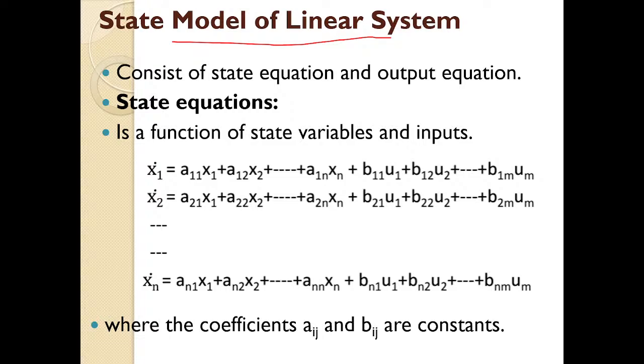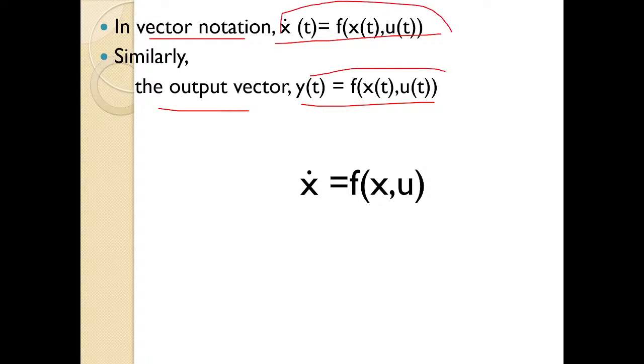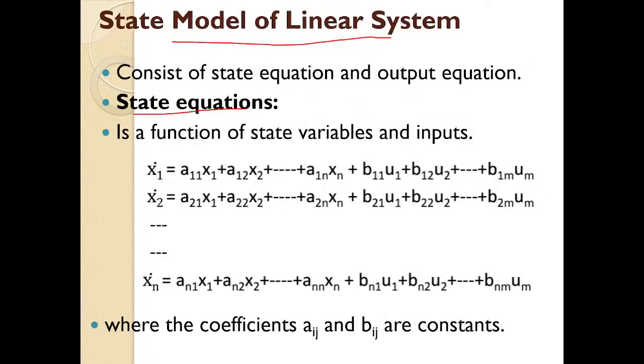One is the state equation, the other one is the output equation. Just now we have seen this is the vector notation. This is our state equation, and this is our output equation. So the state model consists of two equations: one is the state equation, the other is the output equation.